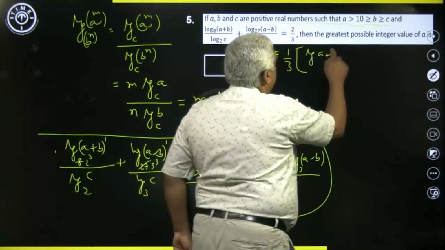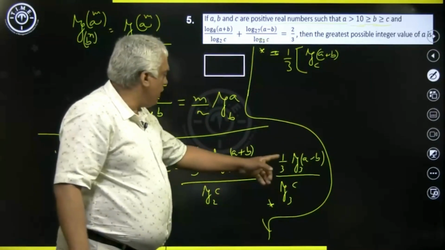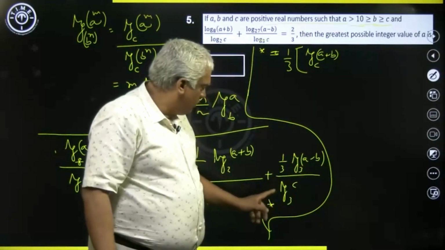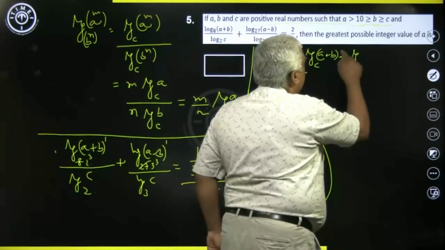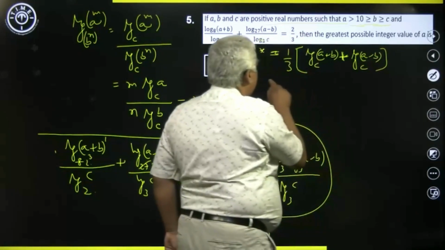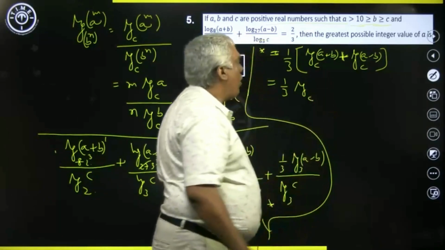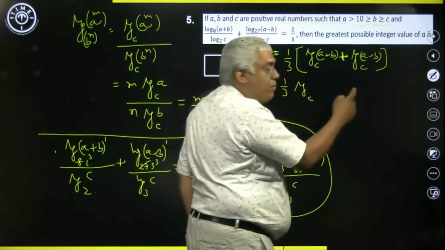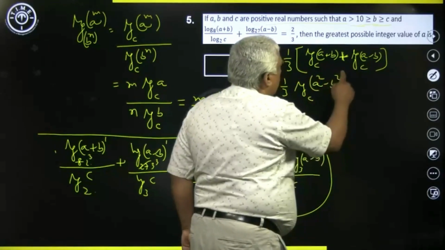This one will be log of a minus b to the base 3 by log of c to the base 3, so log of a minus b to the base c. So basically it is 1 by 3 times log to base c of a plus b plus log of a minus b. Bases are the same, we can multiply, so log of a square minus b square.